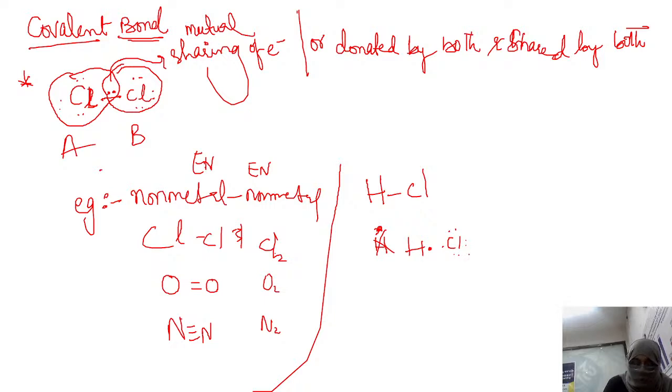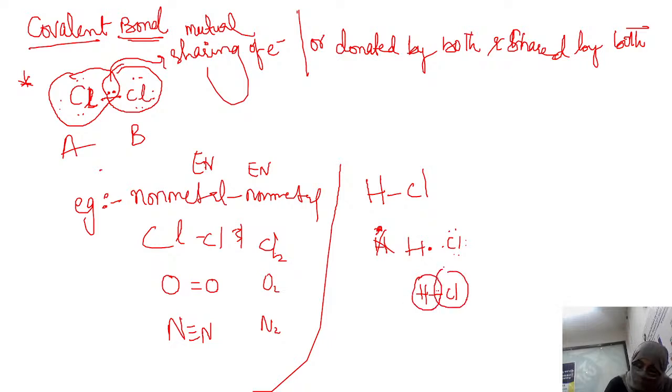Hydrogen has only one, chlorine has 7. As hydrogen has only one, it cannot give its electron to chlorine. If it gives, hydrogen will lack electrons. So what do they do? Again, they mutually share it. It gets 2, and chlorine becomes 8.